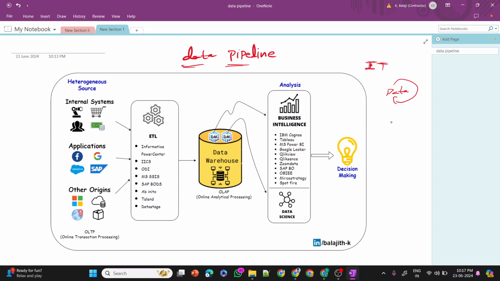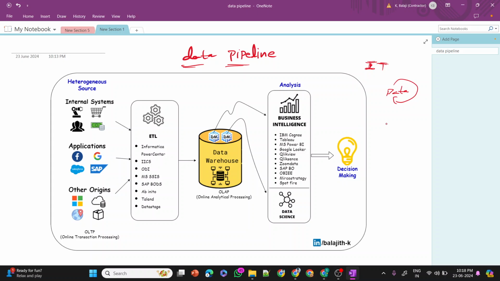The shares are going low. To increase them to a higher level, they need the previous data and they need to analyze it. After analyzing, they make a conclusion: because of this, our growth is going downwards, so to overcome this, we need to take some step. After taking that step, our company growth will be high.